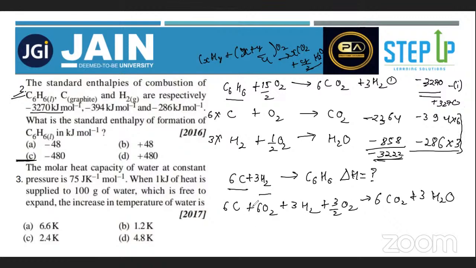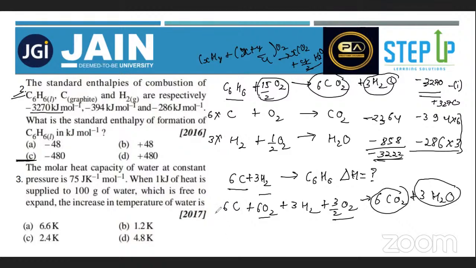Now, this and this will cancel out. I need C6 and 3H2. This and this will cancel. Why am I doing this? I multiplied this by -1 and this becomes plus 3271. The reactant becomes product, and the product becomes reactant.